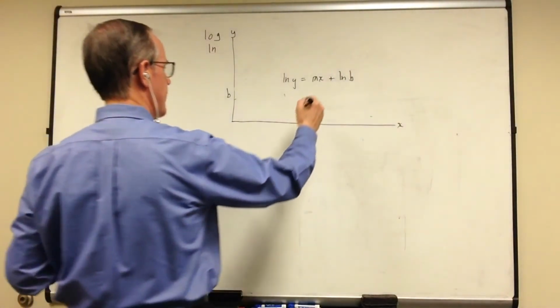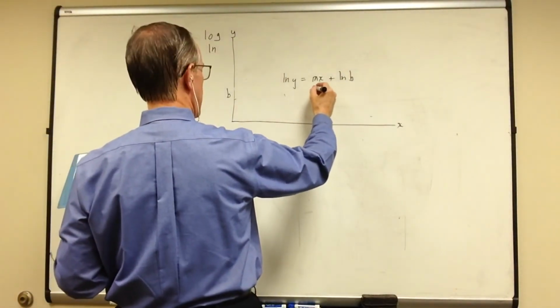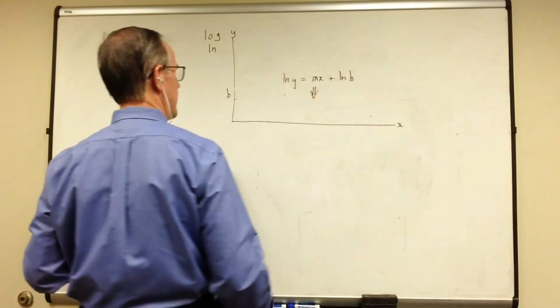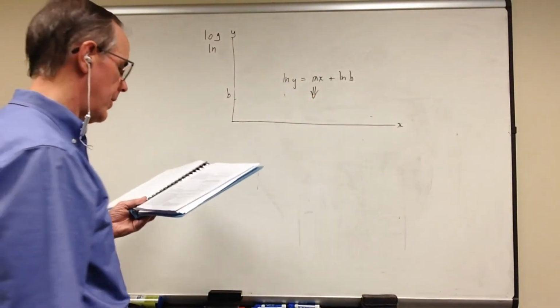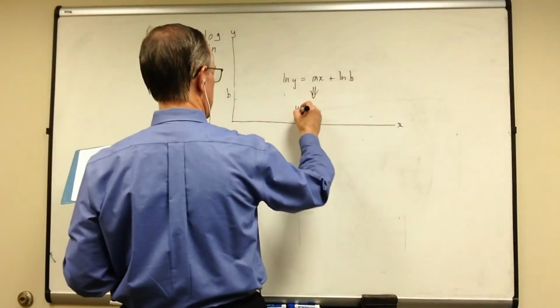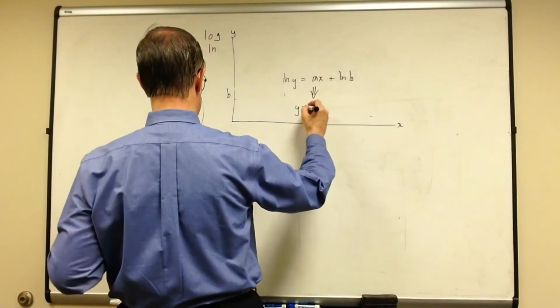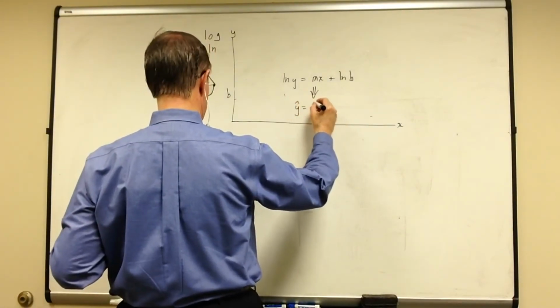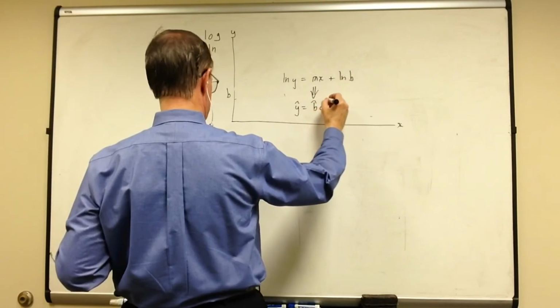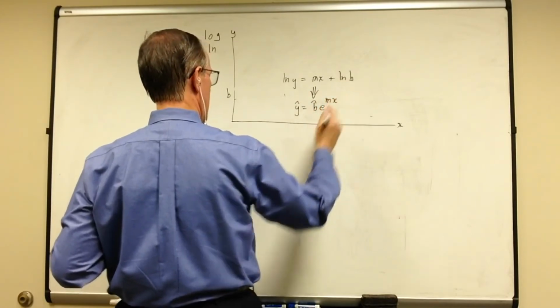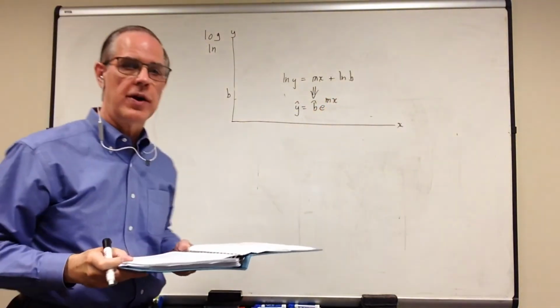But if I were to take the e power of both sides, I will end up with an equation that looks like this. Basically, that's an exponential equation.